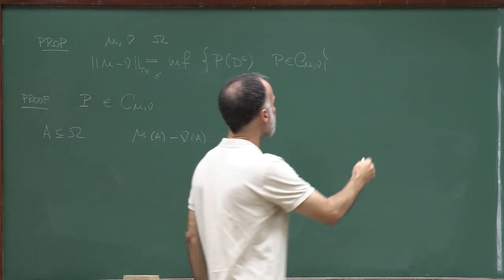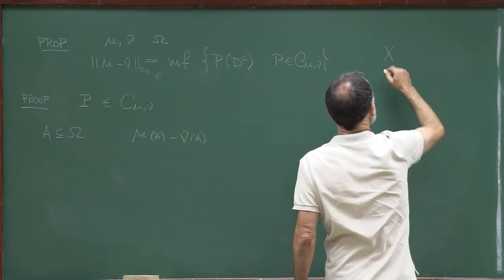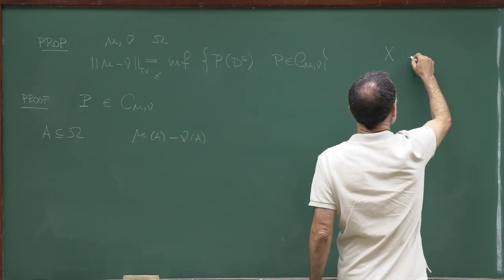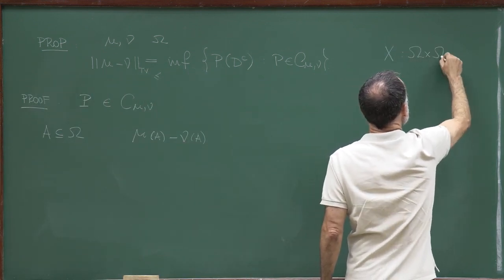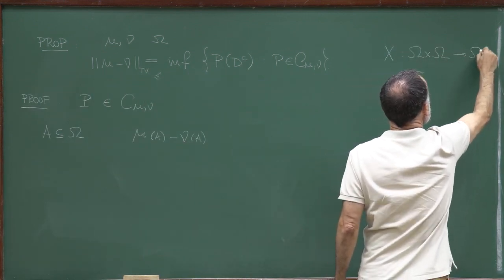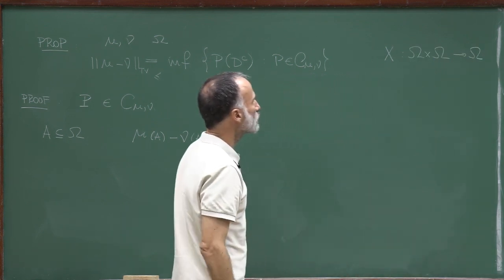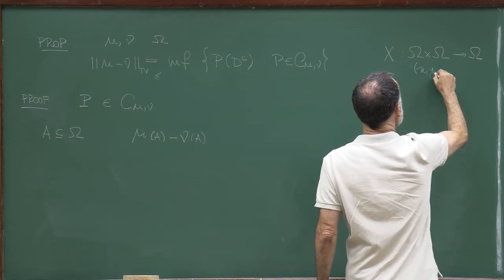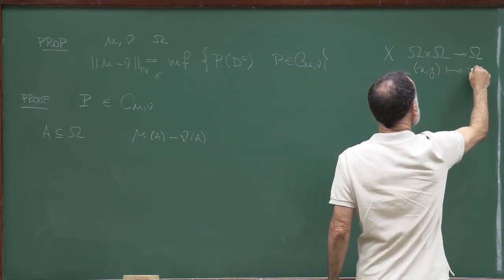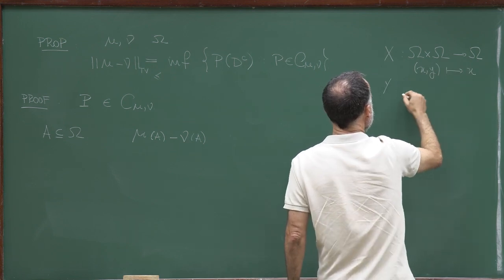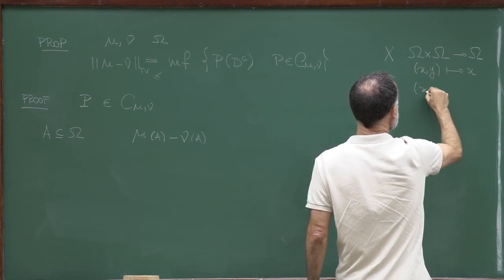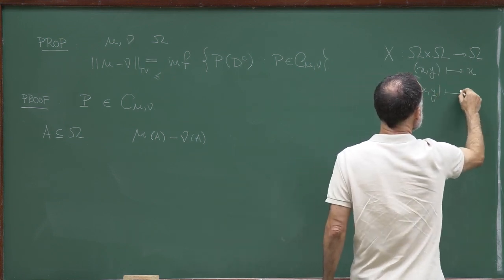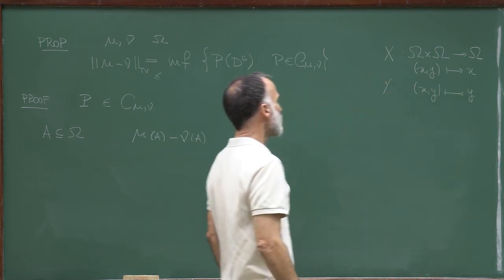Let me define now a function X from omega squared to omega, which just gives me the first coordinate of a point. So X sends the couple (x,y) to x, and let me represent by Y the function which sends a couple to its second coordinate.